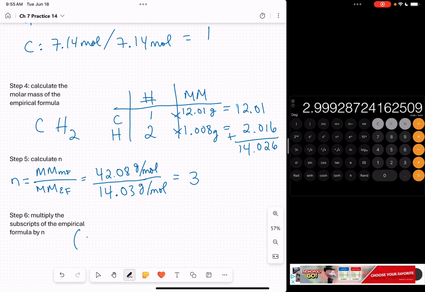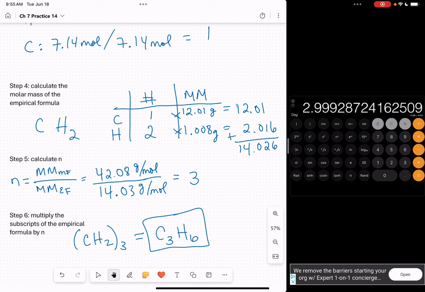So we multiply our CH2 by 3. So we multiply the subscripts in the empirical formula, each of them by 3. So the carbon subscript is 1, so that becomes a 3, and then 2 times 3 is 6. So the molecular formula for propylene is C3H6.